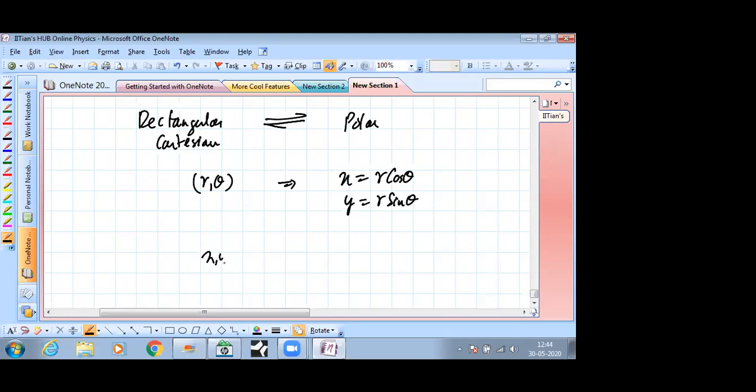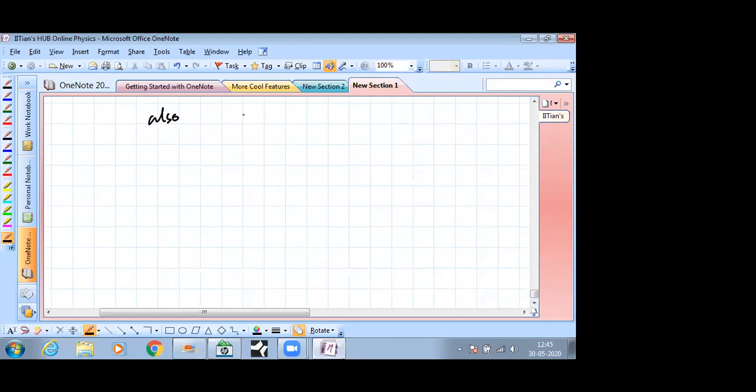And if you have x and y, then correspondingly r is the square root of x square plus y square, and theta is tan inverse of y by x. That is obviously there, but also the i cap and j cap we want to convert. So r cap becomes cos theta i cap plus sin theta j cap, and theta cap becomes minus sin theta i cap plus cos theta j cap.